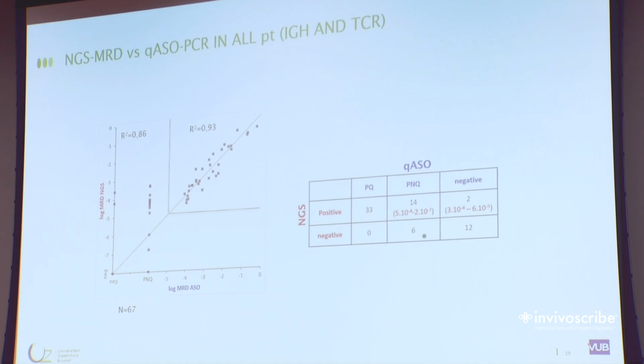And we have 6 samples that were positive by ASO, which were negative by NGS, and these were positive non-quantifiable, so they're here. They're positive non-quantifiable. That means that they are below the quantitative range of your ASO PCR, so really low positive.